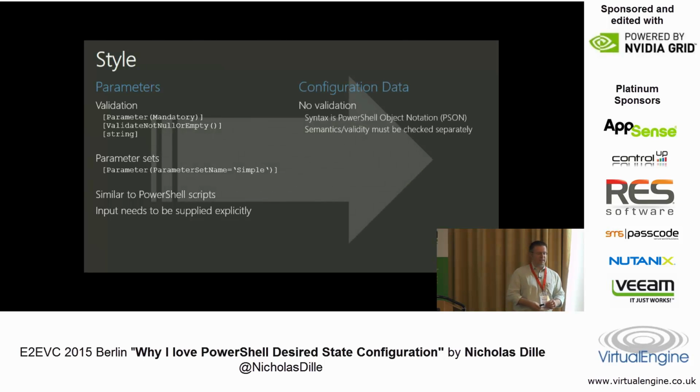Another method to do that, and that is what you saw yesterday in Ian's session, is you use something called configuration data. Configuration data is actually just a large data structure defined in a PowerShell object notation. Who's familiar with JSON? Okay, so PowerShell object notation is something similar that's directly readable with PowerShell without any commandlet to import the data structure.